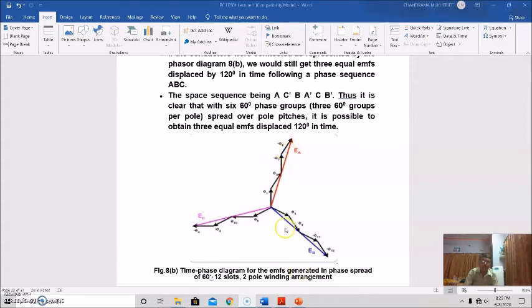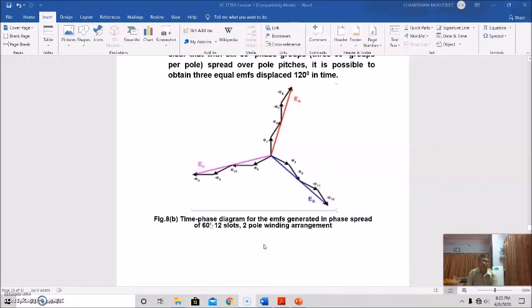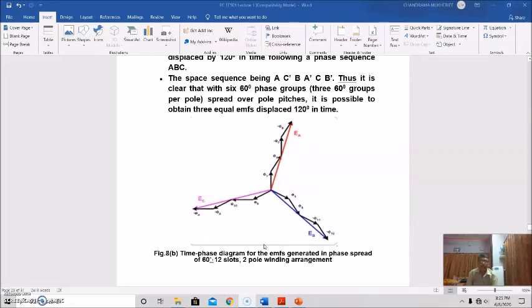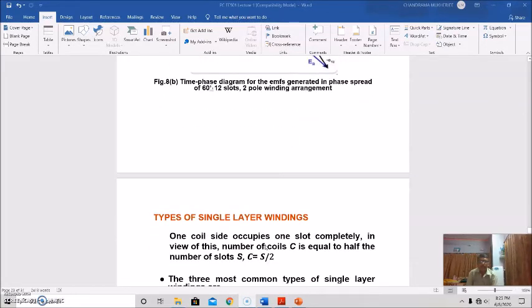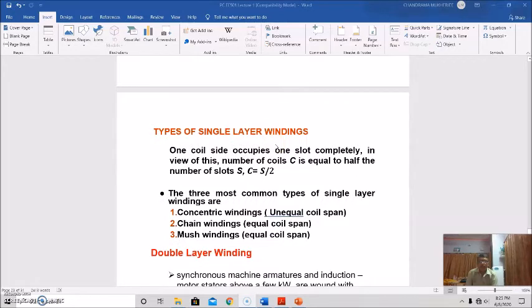This is for B, this part, this is return, and for C also. So in this way we are getting six 60-degree phase groups, and the EMF will of course be three-phase, 120 degrees apart, in phase sequence of ABC.